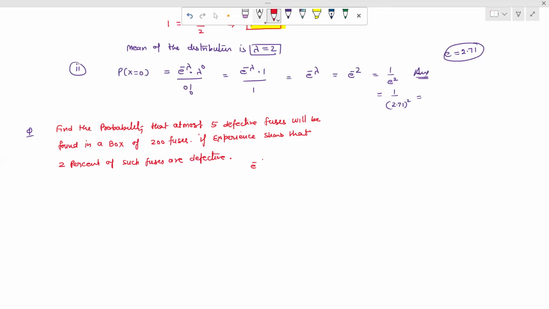And the value of e raised to the power minus 4 is 0.0183.